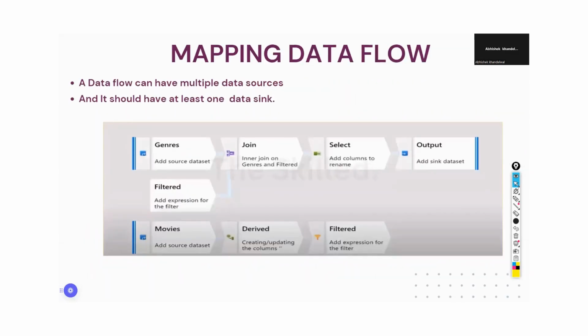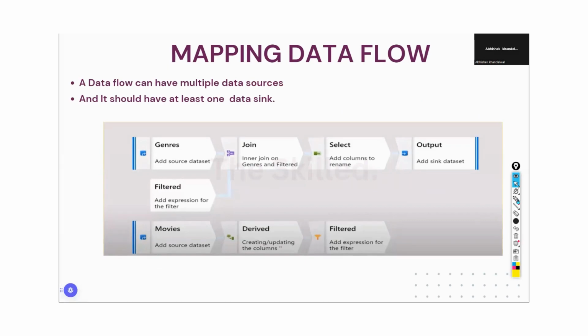What does the basic structure of a mapping data flow look like? We can have multiple data sources or a single data source, but we should have at least one data sink. For example, we have multiple data sources and apply some transformation, such as filters and sorting, on data source 1.